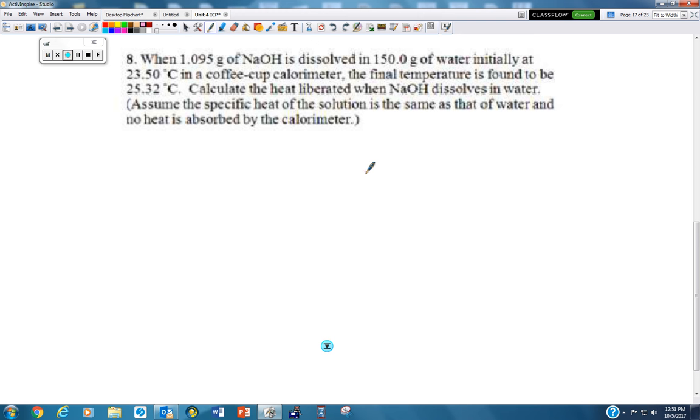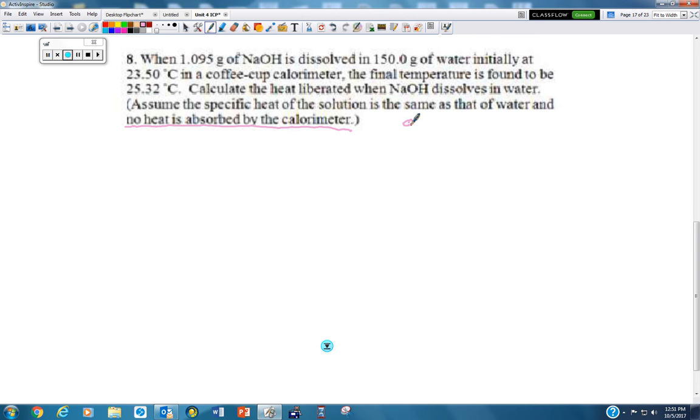Assume the specific heat of the solution is the same as water, and no heat is absorbed by the calorimeter. So you see this statement right here? We're assuming we have a 100% efficient calorimeter, that we did not lose any heat to the surroundings, so we don't have to worry about that Q lost equation in this one.